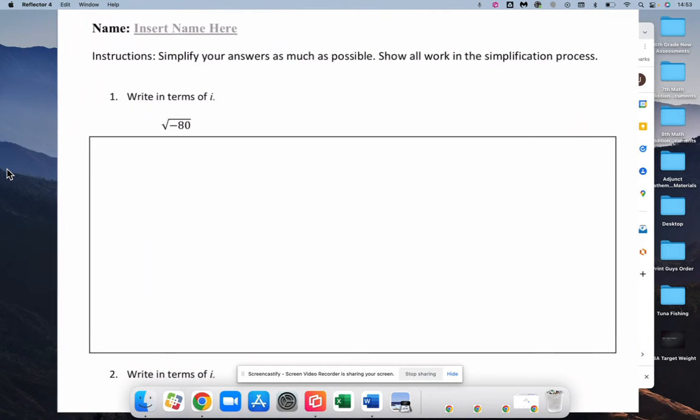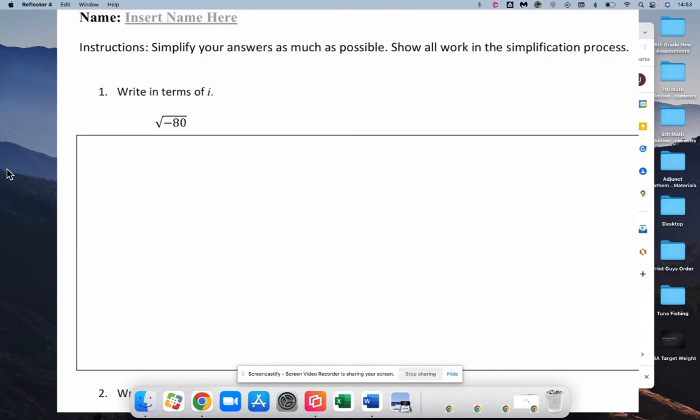And so the way we look at this is the same as we have previously. We have 80, which does not have a perfect square root. So we're going to have to break that into its factors.